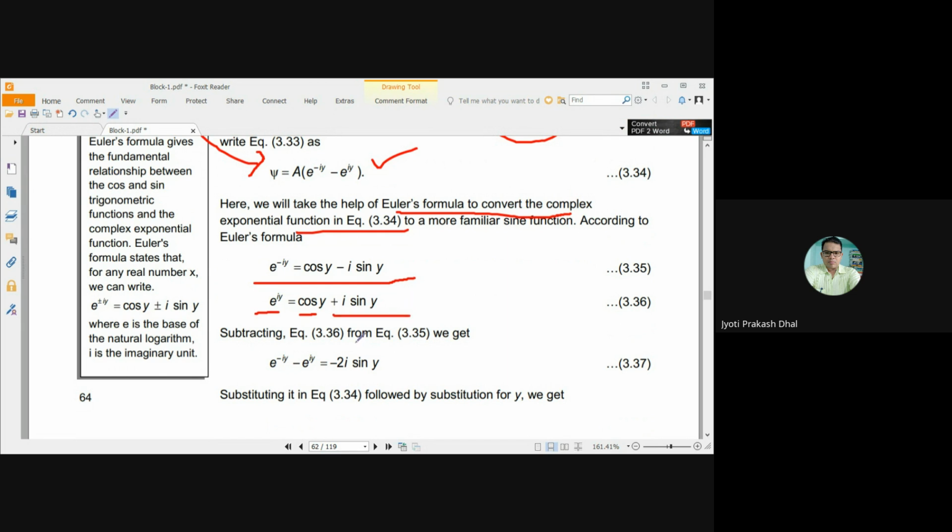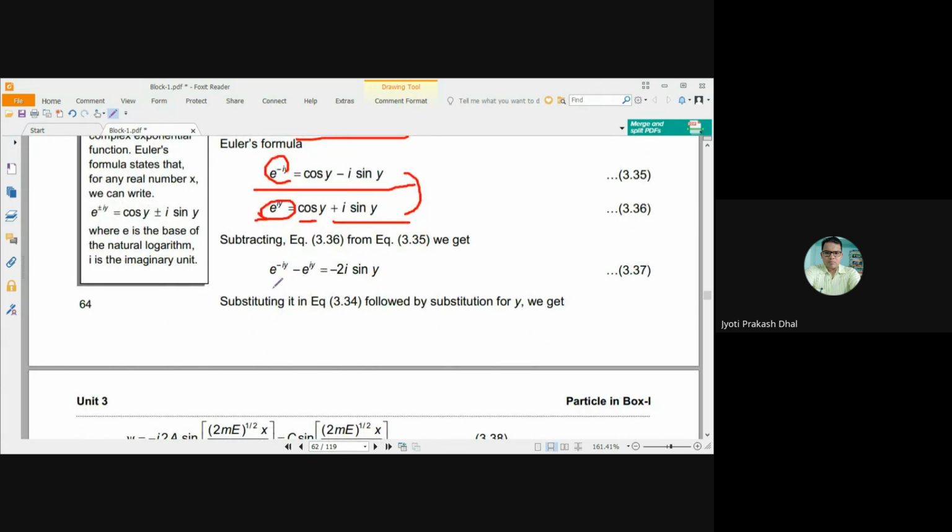Now, subtracting equation 36 from equation 35, we can write e to the power minus iy minus e to the power iy equals minus 2i sin y.